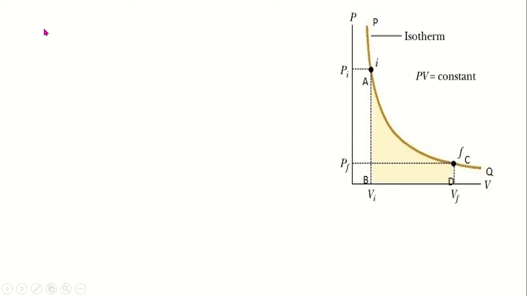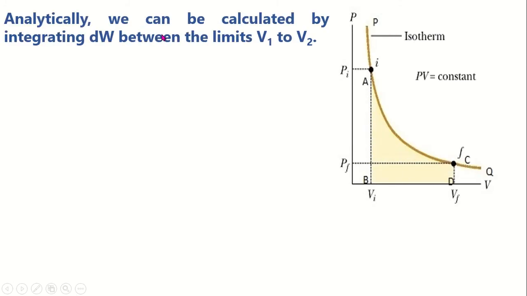So let us look how we can calculate the work done. Analytically, it can be calculated by integrating dW between the limits V1 to V2. Look here, dW, that means the amount of work done when the volume changes from V1 to V2. So we have to integrate dW in the limit of V1 to V2.